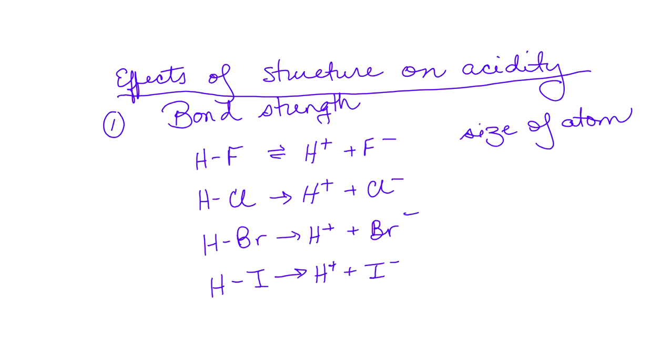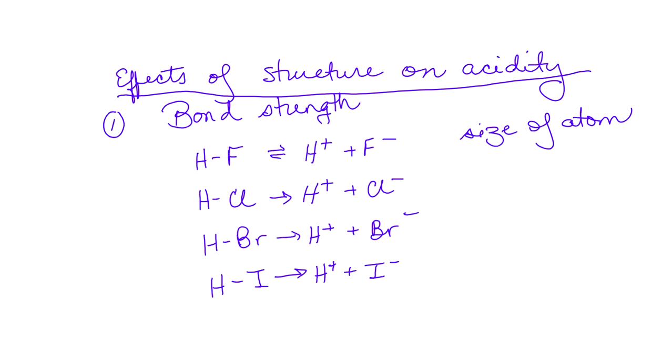Another way you can look at it, besides bond strength, is the size of your atoms. As acidity increases, we are also increasing the radius of the ion. Because of that, the negative charge on the iodide ion is distributed across a much larger volume than the charge on the fluoride ion.